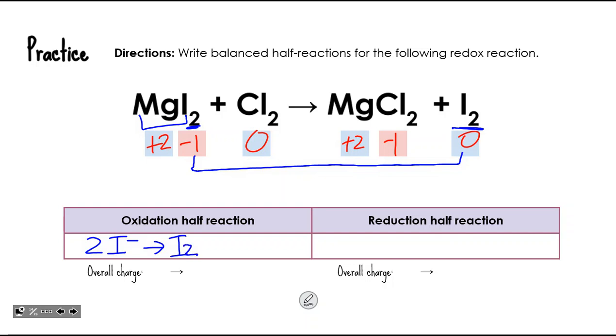And where do our electrons go, and how many do we need to make it balance? This is a -2 here from that. Right now, we just have the 0 from the iodine. So where do our electrons go, and how many do we need?